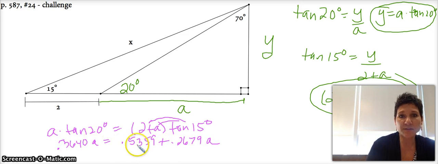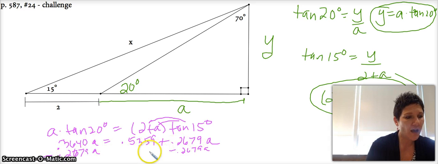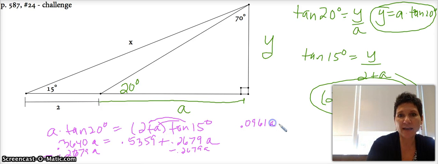So now what we're going to do is solve for a. So we're going to subtract 0.2679a from both sides. And when I do this, I wind up with 0.0961a is equal to what's left over there, which is 0.5359.